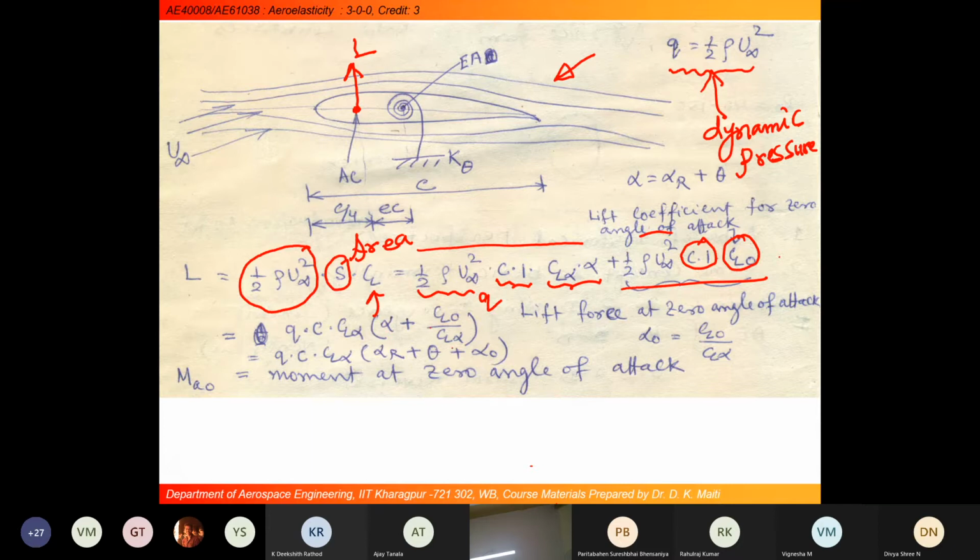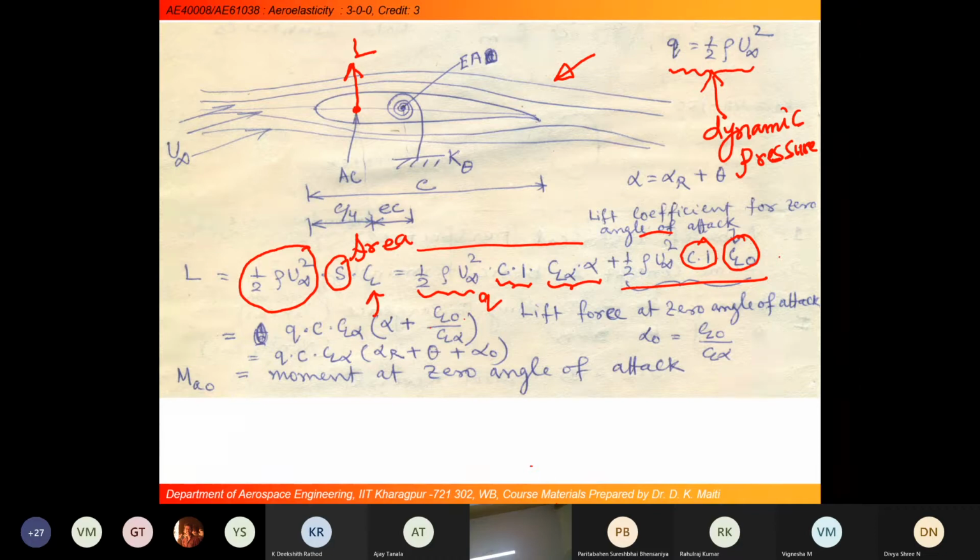CL naught by CL alpha, this is basically what we are representing as an equivalent initial angle of attack. Sorry, not rigid.